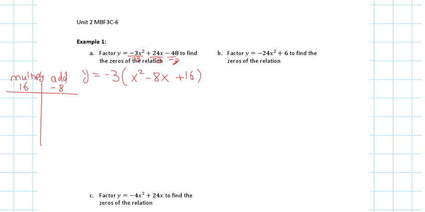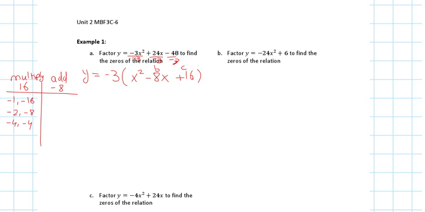So what multiplies to 16? Negative 1 and negative 16. What else? Negative 2, negative 8. Negative 4, negative 4. I think that's it, right? What's negative 16? Negative 2 minus 8. Negative 4 minus 4. So which one is the correct answer? Negative 4 and negative 4.